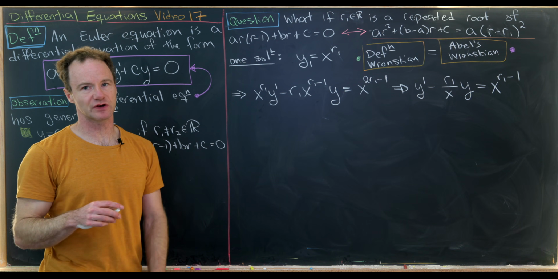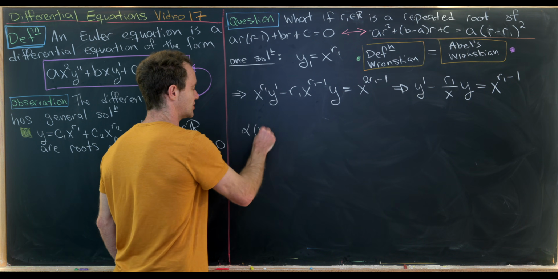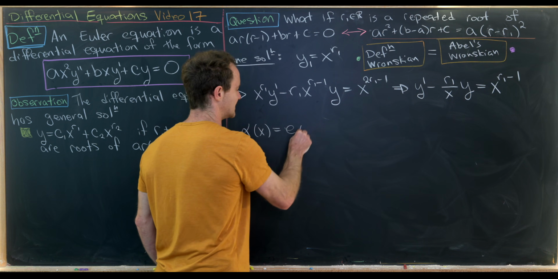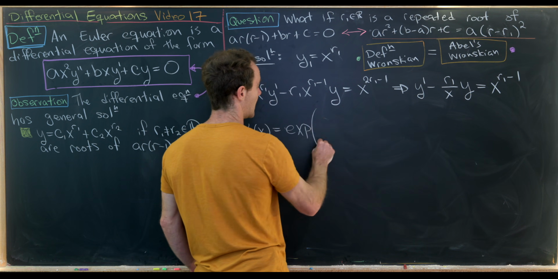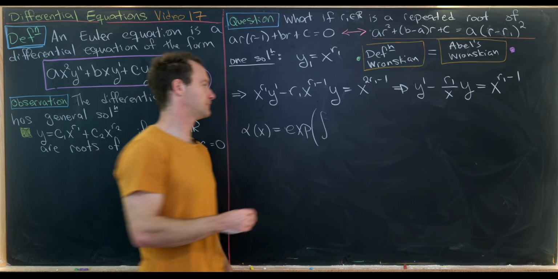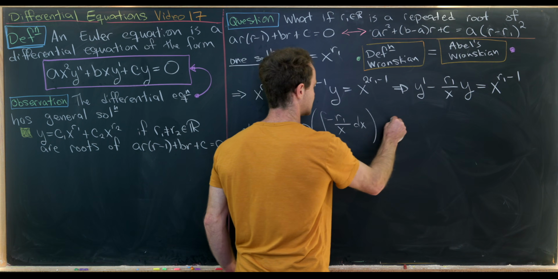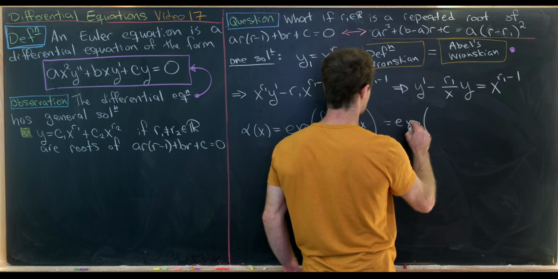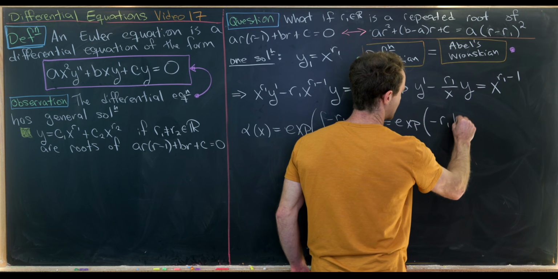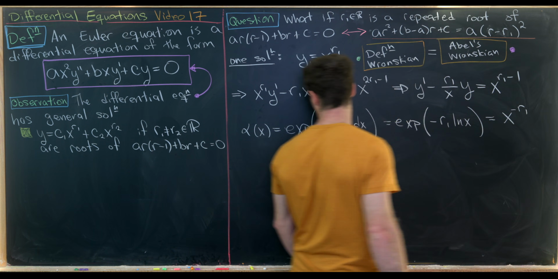And now we'll just use the straightforward formula for writing down the solution. So we're going to need an alpha function. Let's recall that the alpha function is the exponential of the antiderivative of the function in front of y. So this is going to be minus r1 over x dx. That gives us the exponential of minus r1 times the natural log of x, which is x to the minus r1.